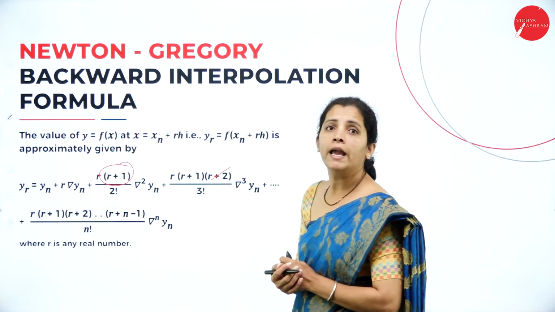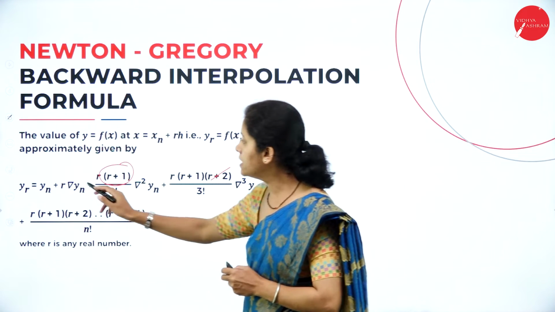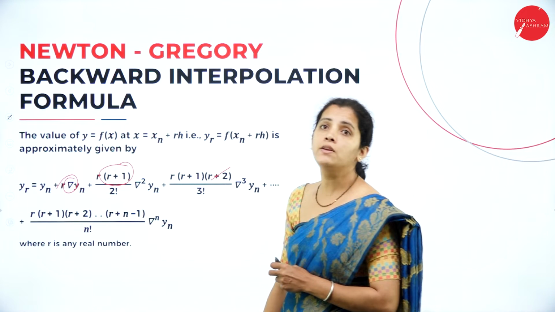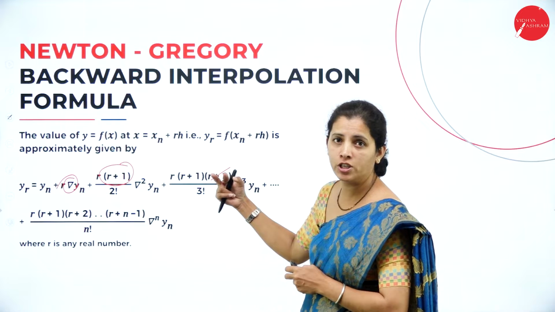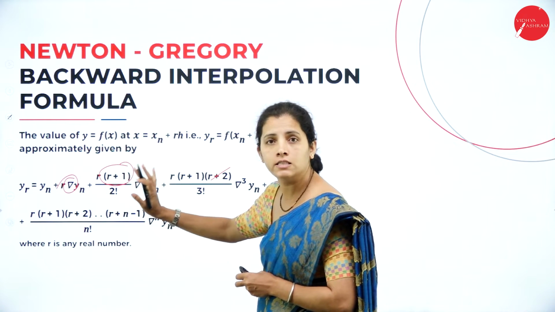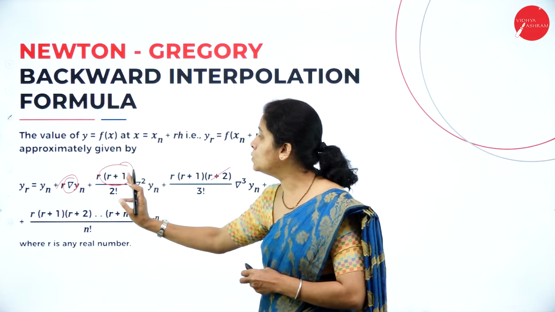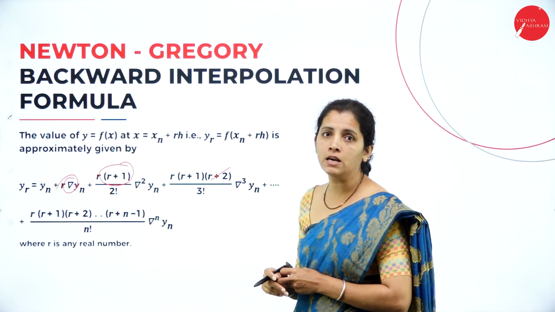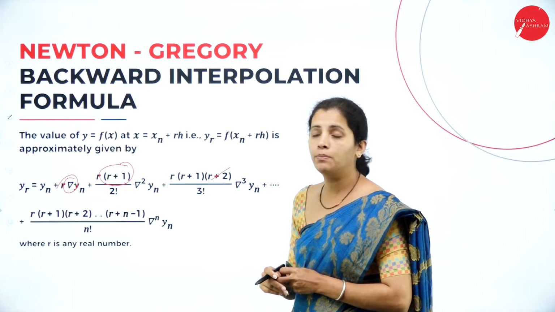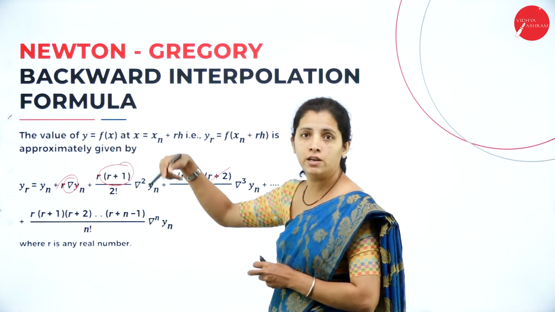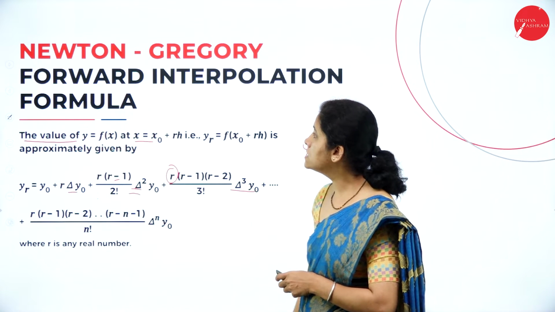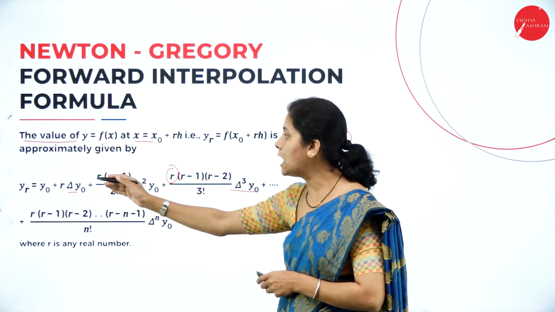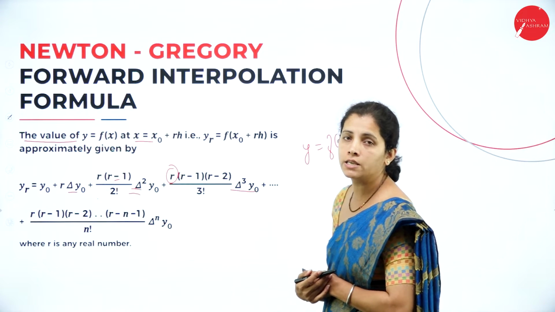And it is inverse delta. I'm going to have the inverse delta because it is backward interpolation, and the formula is the same, but what are the two things you have to remember? In backward interpolation, I'm going to have inverse delta and plus symbol, whereas in forward, delta along with minus symbol.